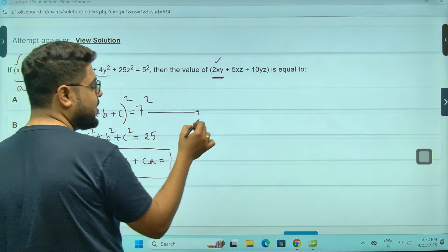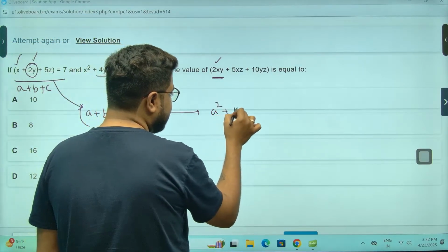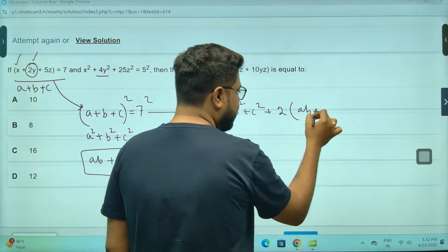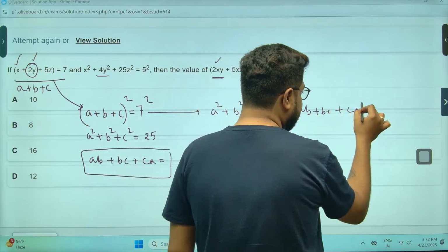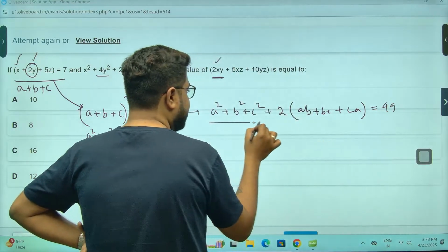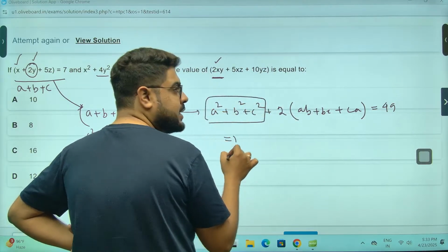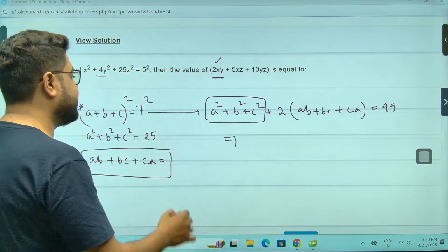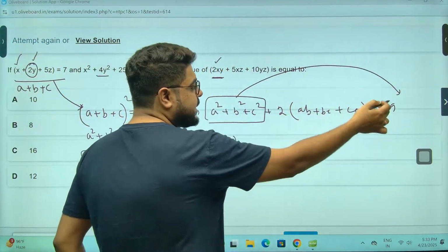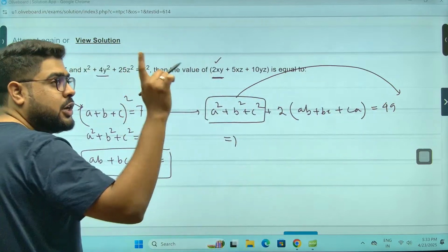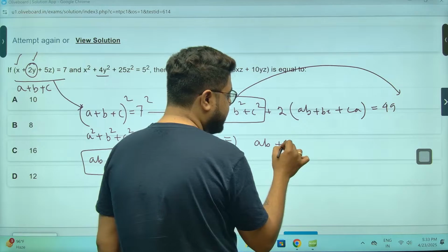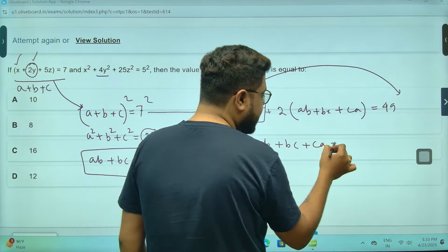This is A square plus B square plus C square plus twice into AB plus BC plus CA, which is equal to 7 square, 49. This value is 25, given. So 25 will go that side and get subtracted: 49 minus 25 is 24. 24, the 2 gone, the answer will be 12.